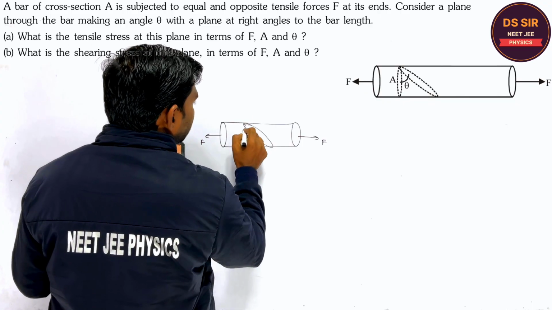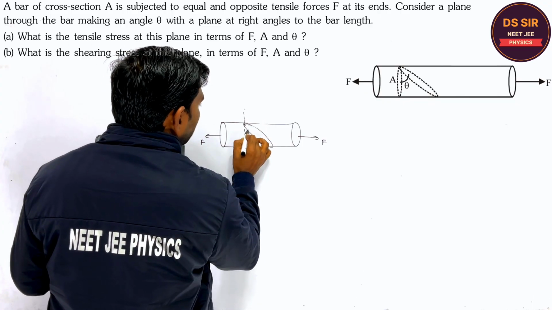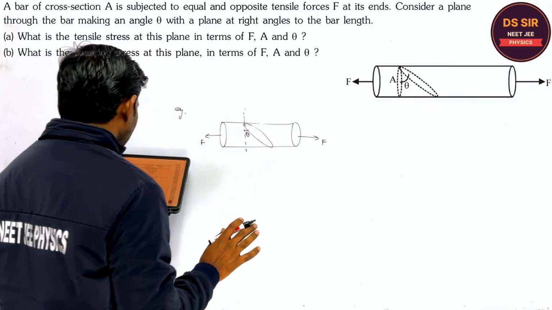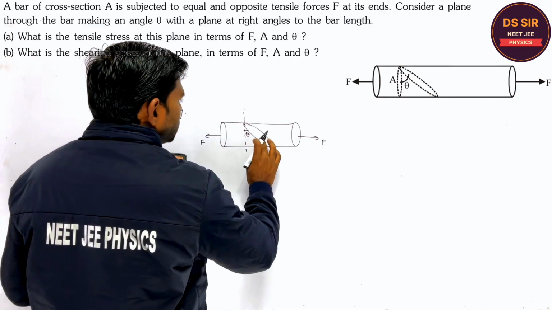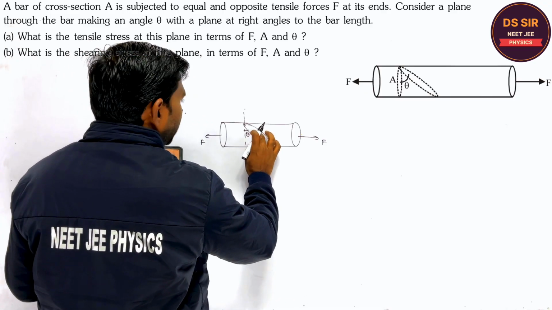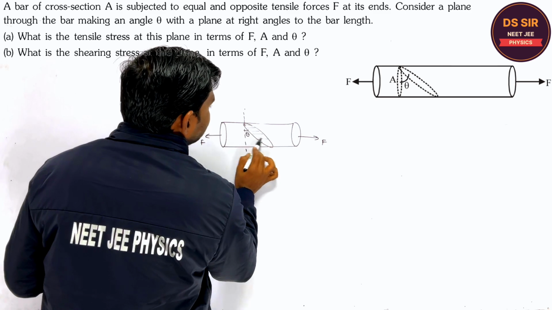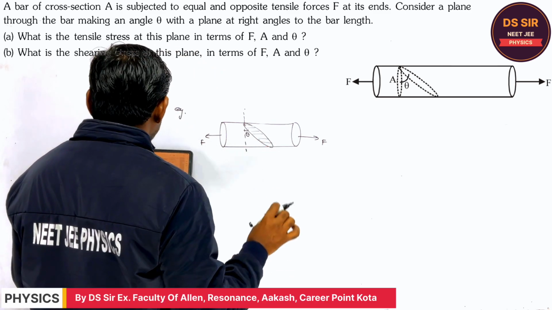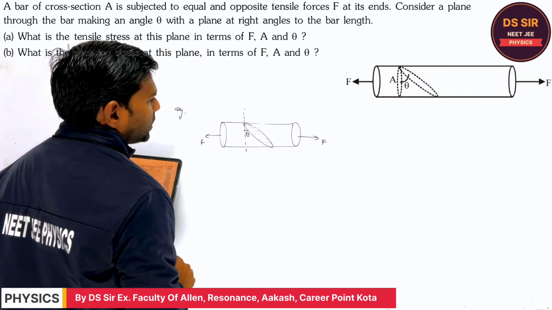So this is the bar length and this angle is theta. Is it clear or not? So at this plane we have to find the tangential stress and the shear stress.